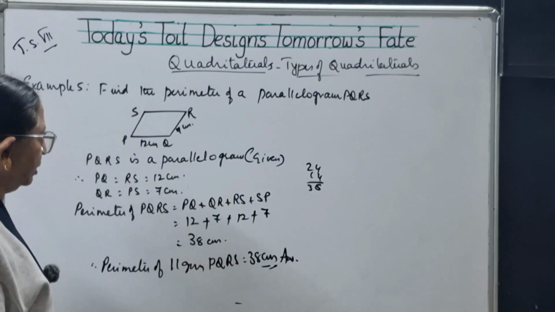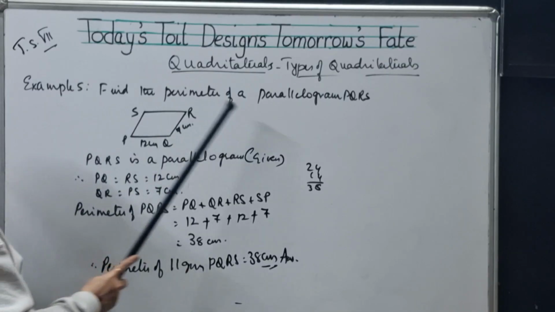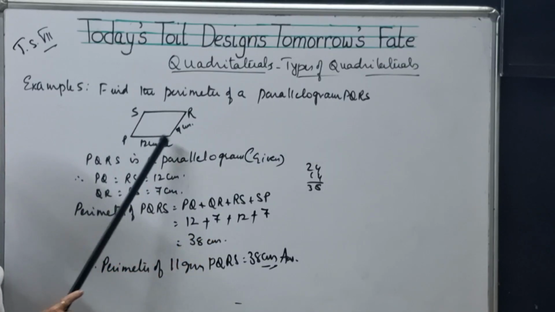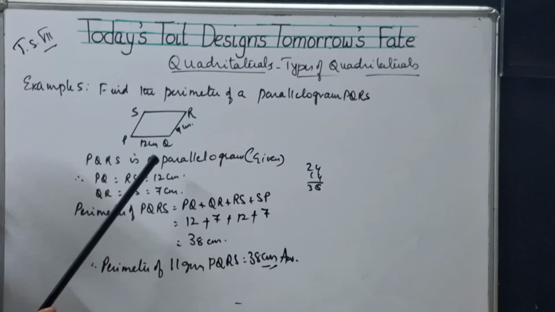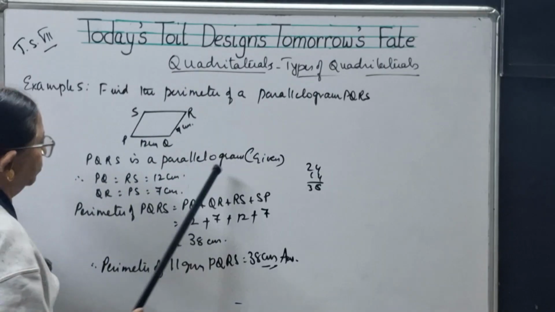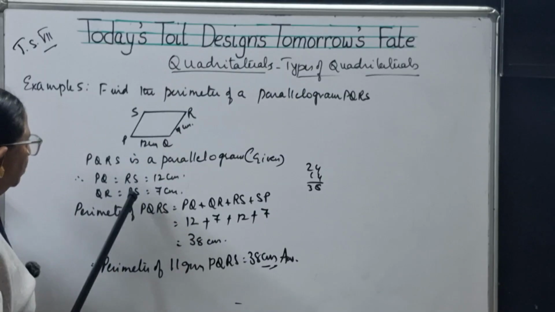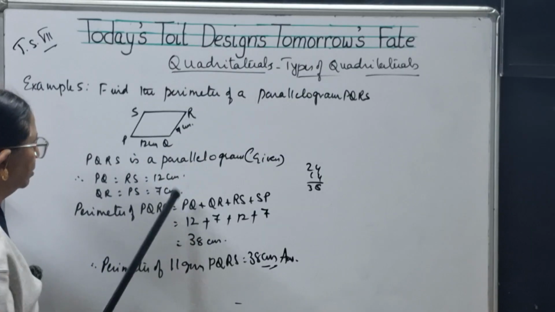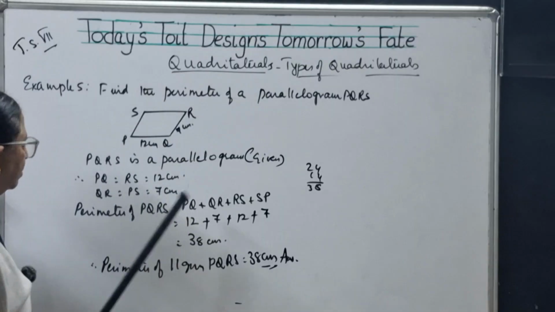So, let me explain once again. The question is to find the perimeter of parallelogram PQRS. They have given PQ measures 12, QR measures 7. Now we know that if it is a parallelogram, PQ is equal to RS, that is 12 centimeters, and QR is equal to PS, that is 7 centimeters.